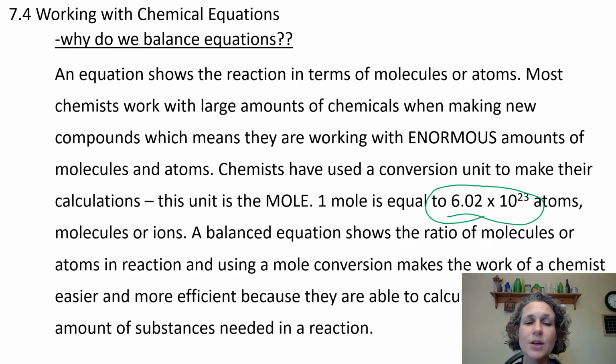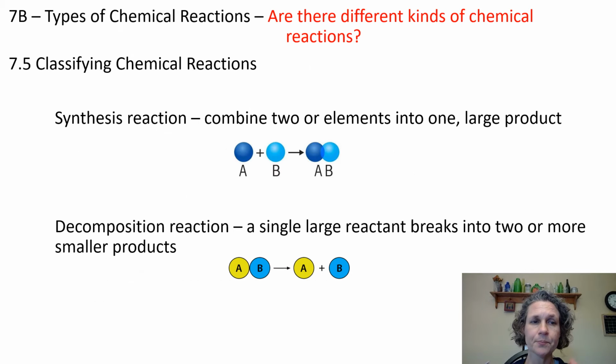So if I'm balancing an equation, I'm showing the ratio of molecules to atoms, and that makes the math much easier and much quicker to do instead of dealing with ginormous numbers. That's really the purpose for balancing: to show what that ratio is.